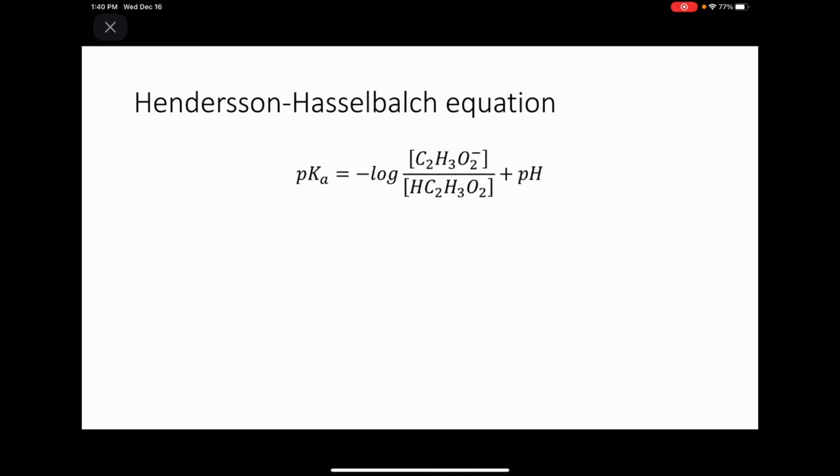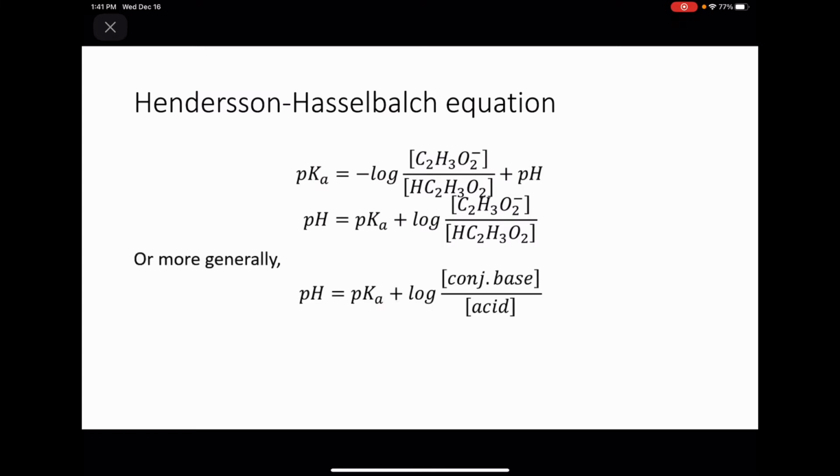If we rearrange that to solve for pH, the pH is the pKa of that acid, in this case acetic acid, plus the log of the conjugate base over the acid. If we want to write that more generally, to apply to any weak acid, the pH is equal to the pKa plus the log of the concentration of the conjugate base over the concentration of acid in the solution.